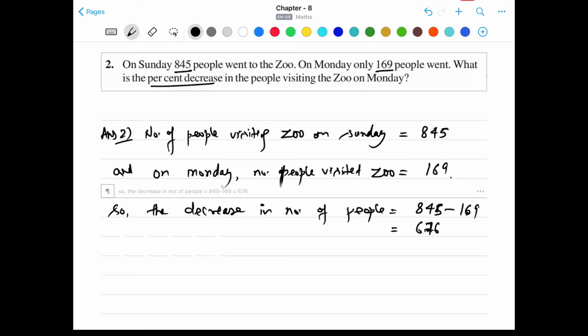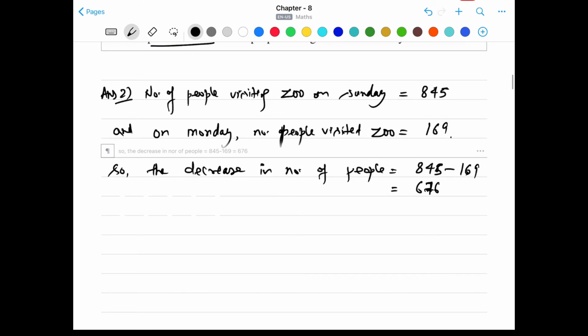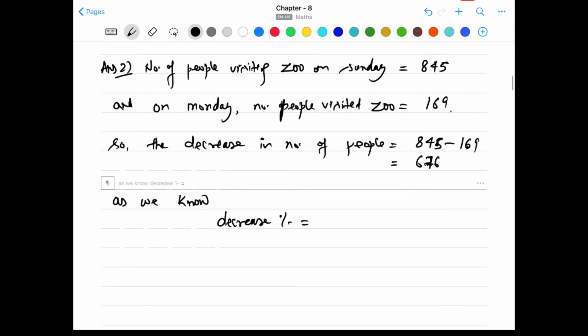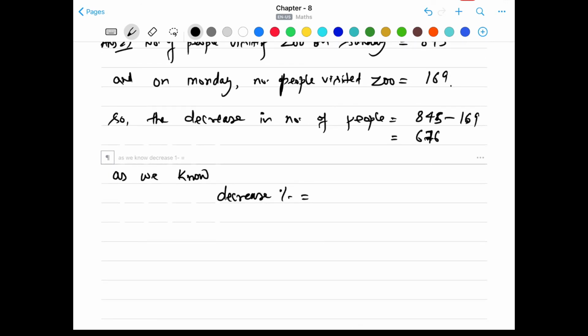So now we have to calculate the decrease percentage, and as we know, the decrease percentage is given by the formula decreased number divided by original number into 100.